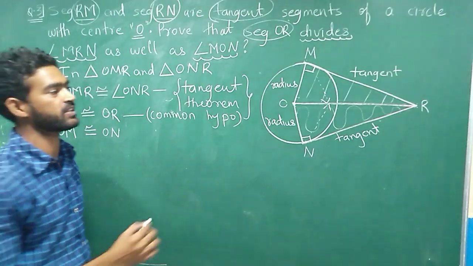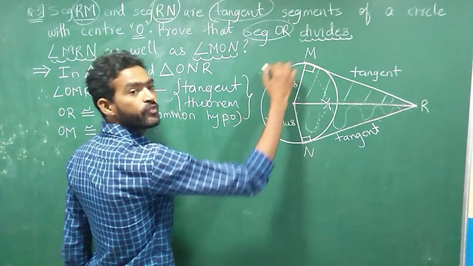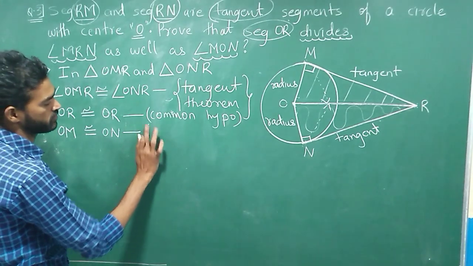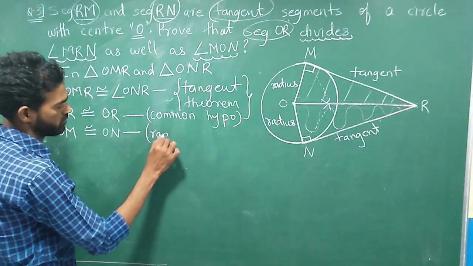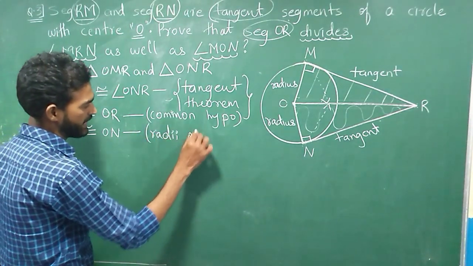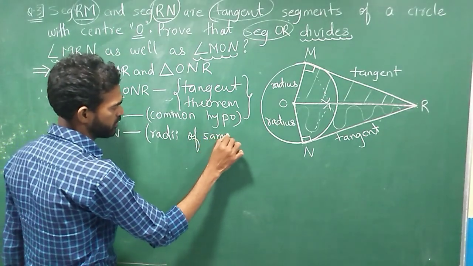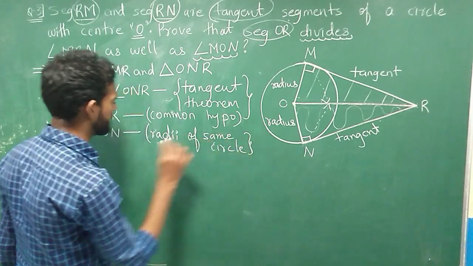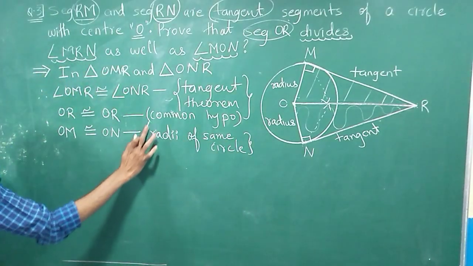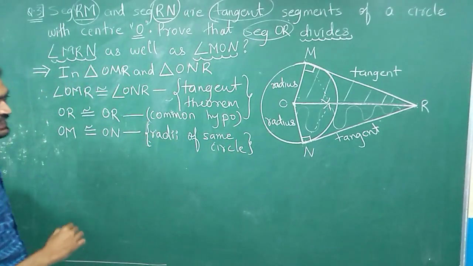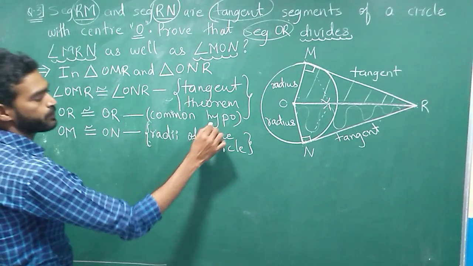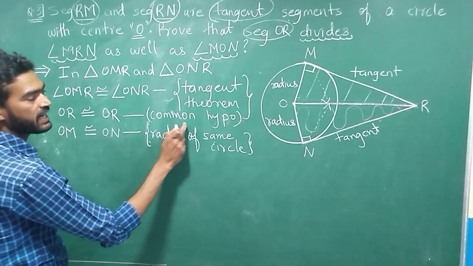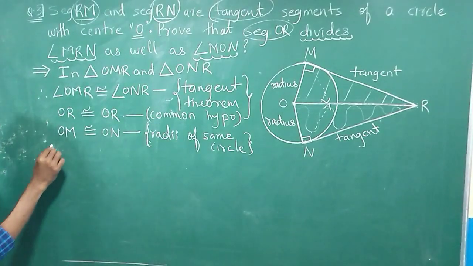So what will we write as the reason? Radii of same circle. Clear all? Okay. Then next, one is hypotenuse, one is side. So which test? We will get the side-hypotenuse test.